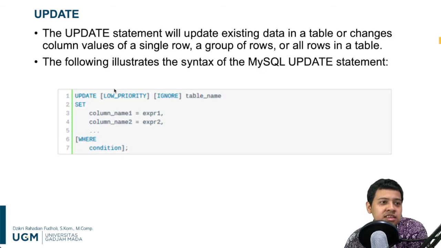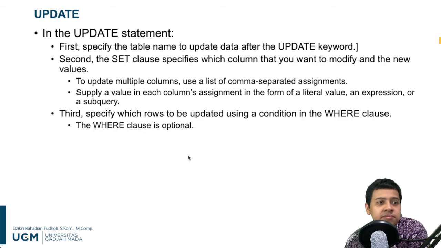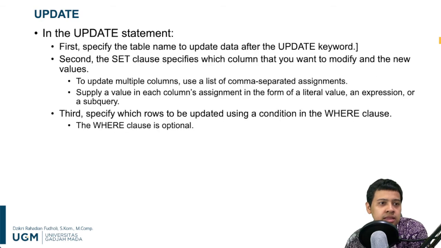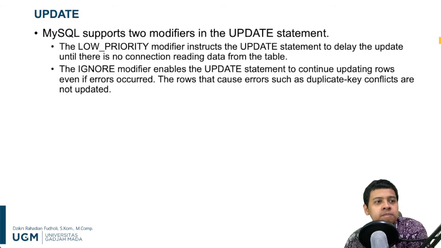Here are the explanations for this one. MySQL supports two modifiers in the update statement. The first one is low priority, which is a modifier to instruct the update statement to delay the update until there is no connection reading data from the table.